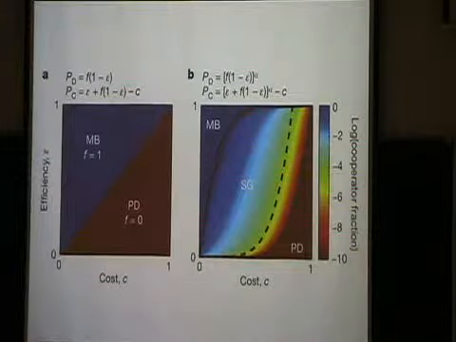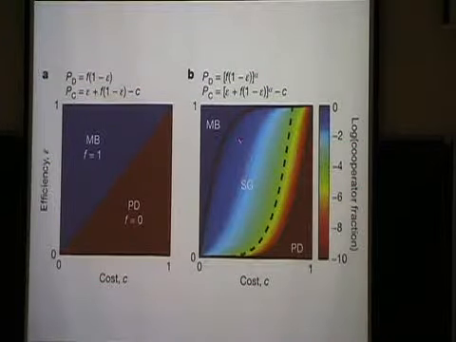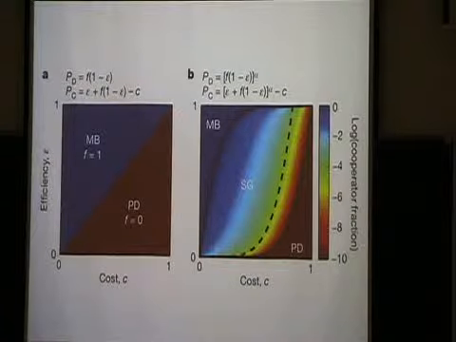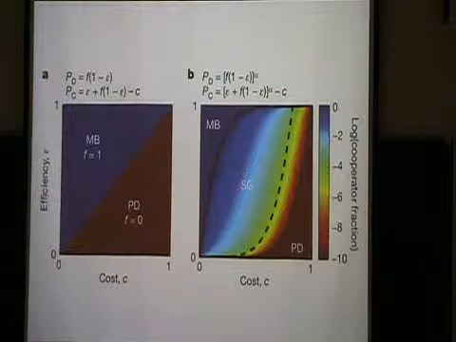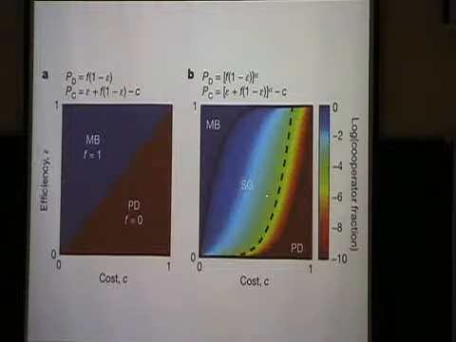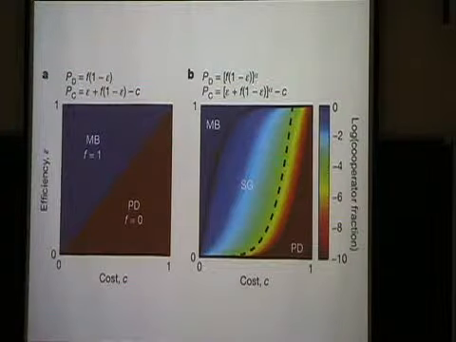And they can do that, and by doing so, they can map out then a phase diagram in terms of efficiency and cost, and they find that their population is in this intermediate regime where they have a Snowdrift game with the alpha value, which is something like 0.3. Good.